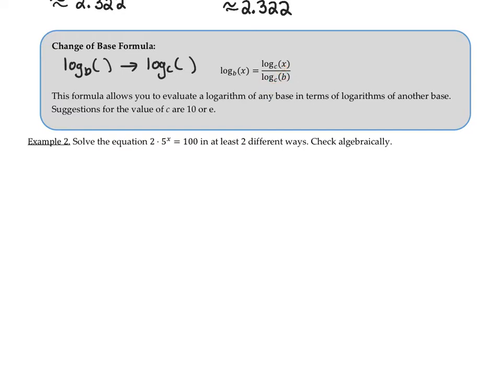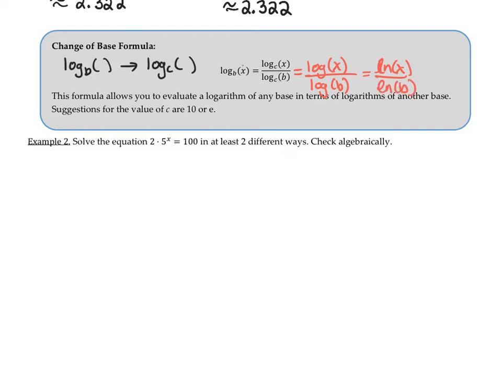Usually we're going to want to change to a logarithm that we have easy access to. So log, for example, so log of x over log of b, or natural log, so ln of x over the natural log of b.